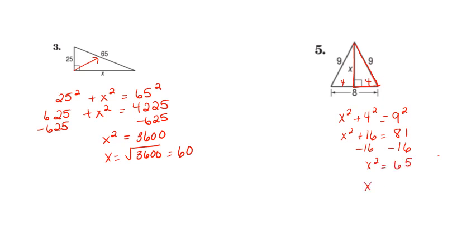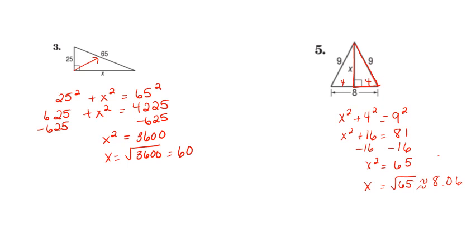Then I'm going to do the square root of 65. The square root of 65 is about 8.06. Again, you can do the square roots on the calculator. Your phone should probably have it. Sometimes you have to turn your phone on its side and that will pop up.